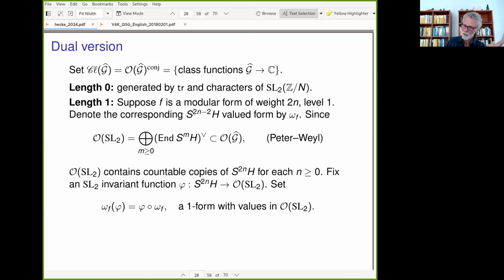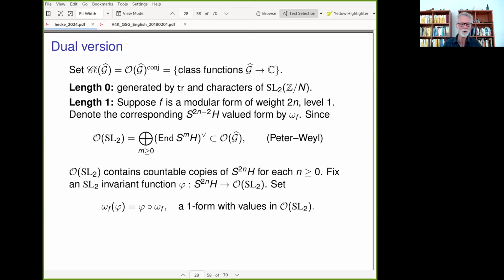And the coordinate ring of SL2Z is in fact just the direct sum of the duals of the endomorphism rings of each of the irreducible representations of SL2.